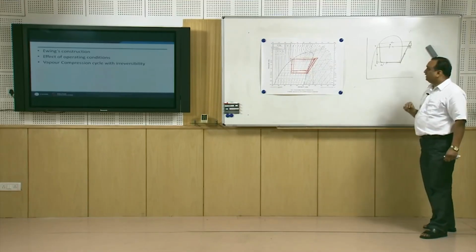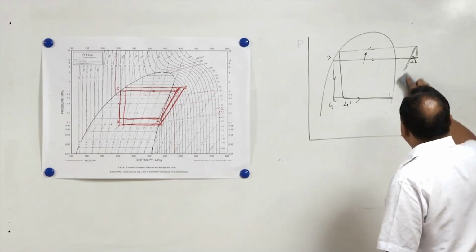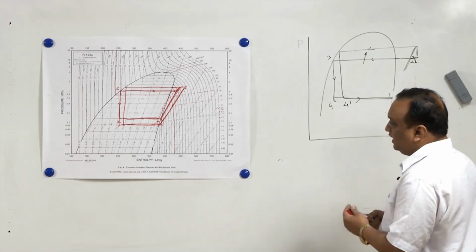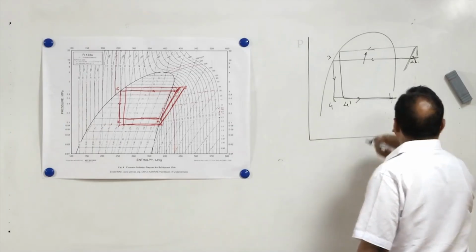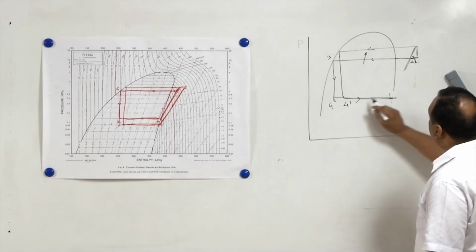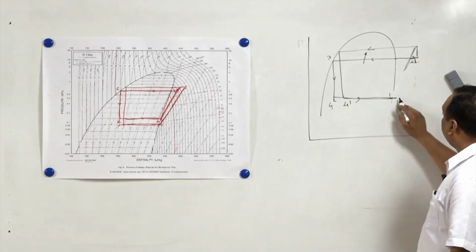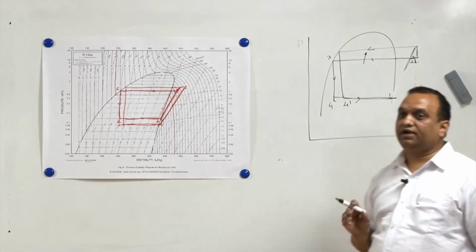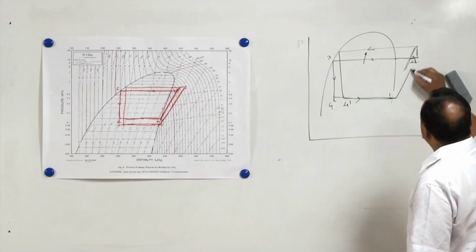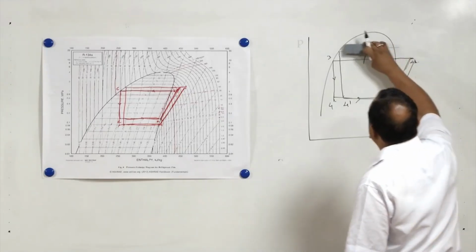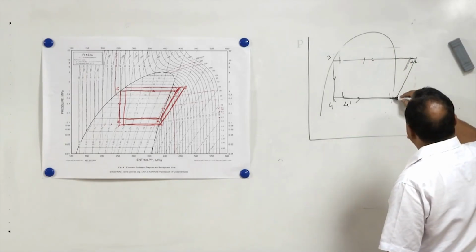Now, the third case, if we superheat the gas, instead of taking saturated vapor, if we superheat the gas, then during superheating in this process, the refrigerating effect will increase because the gas which is coming out of the evaporator is superheated, and at the same time the compression work will also increase.